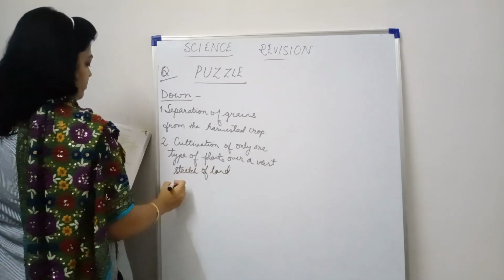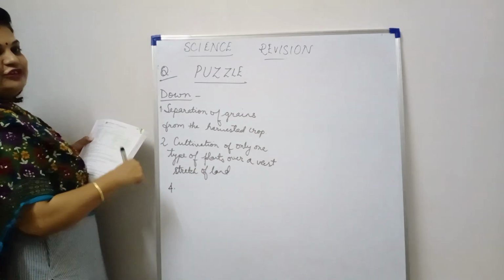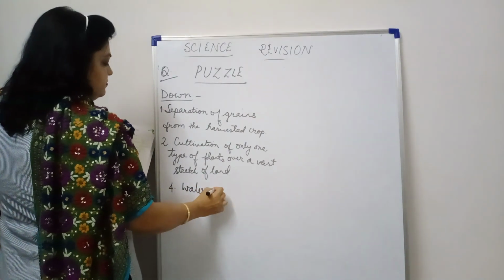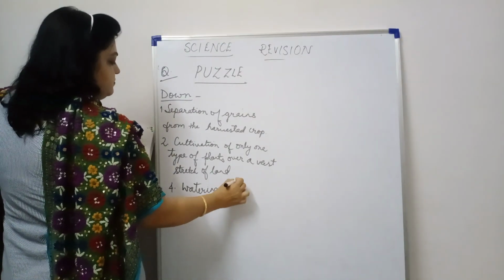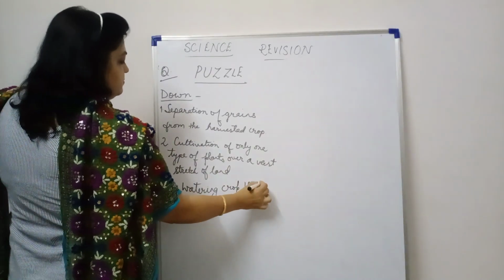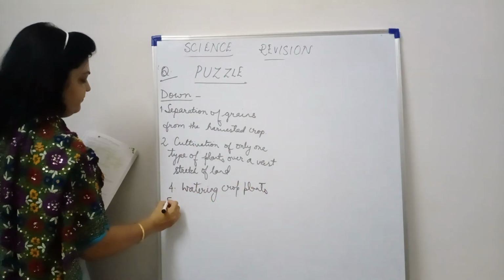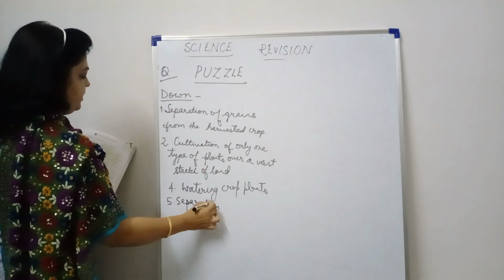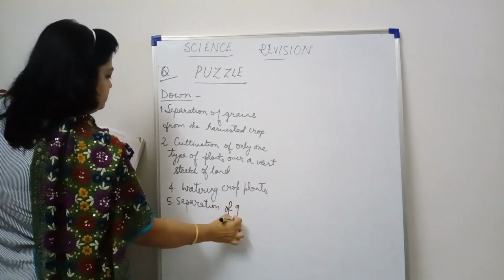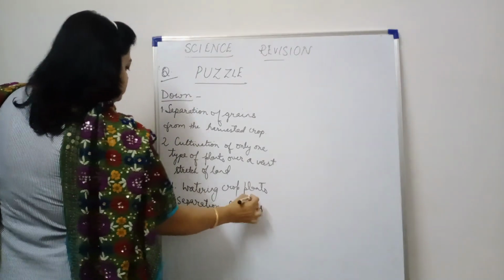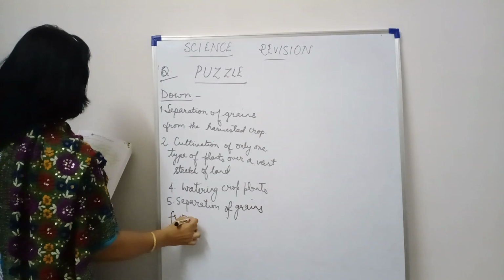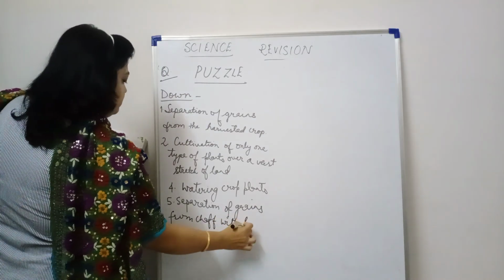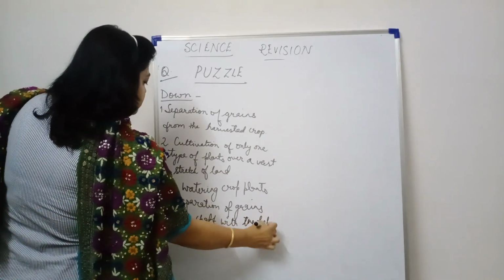Number 4 now. Okay, after number 2, it's number 4 which goes for down option. It's watering crop plants. Then, question number 5. That again goes for down. It's separation of grains from chaff with the help of wind.